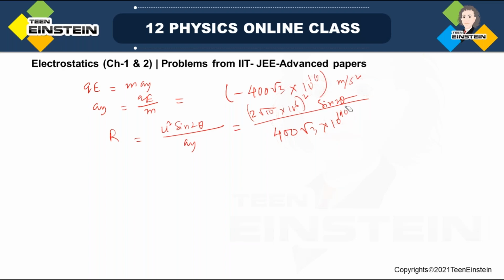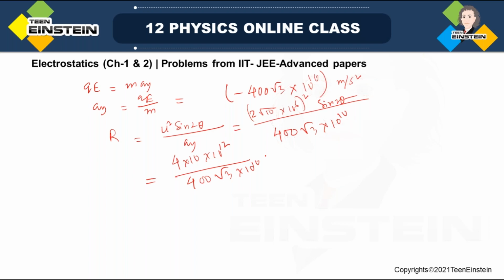This is 10 to the power 10 alone. Okay, so what we get here is 4, 10, and this is 10 to the power 12, divided by 100 root 3, 10 to the power 10.